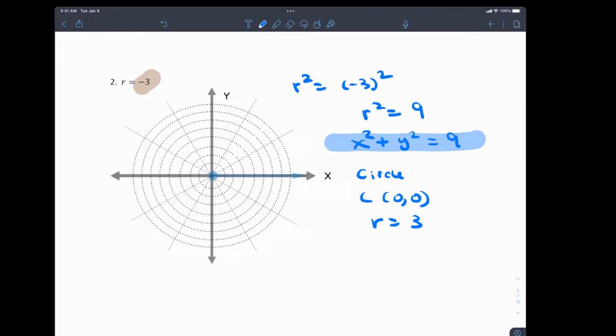So you actually can have a positive 3 or a negative 3. There you go. There it is.